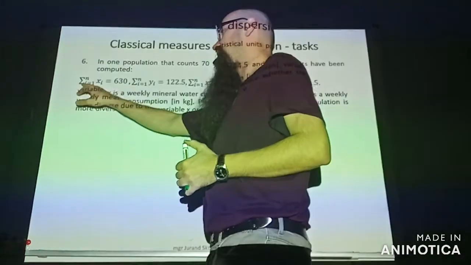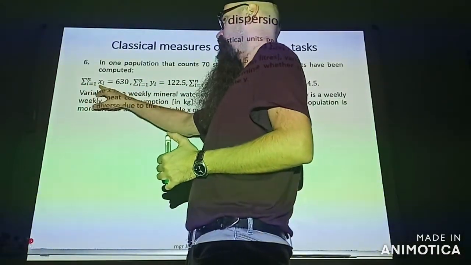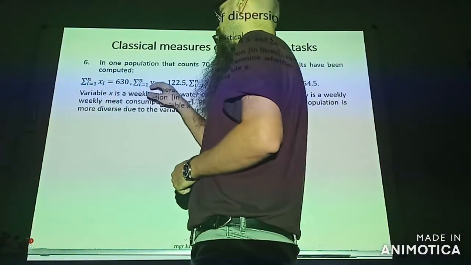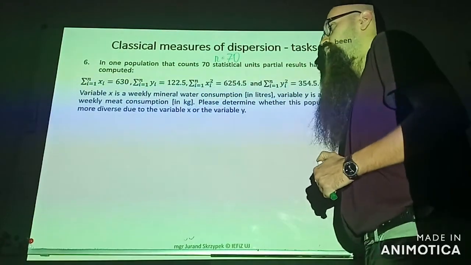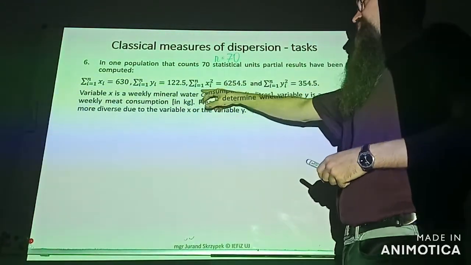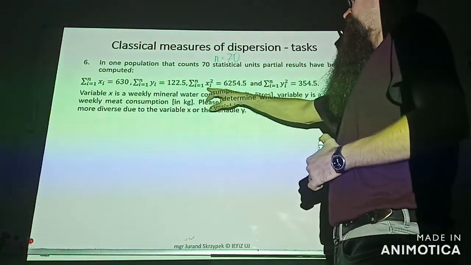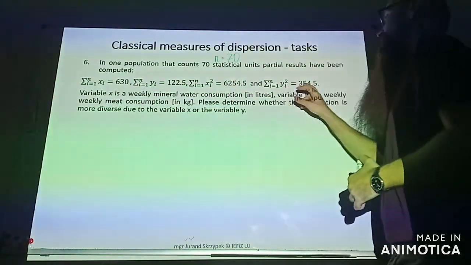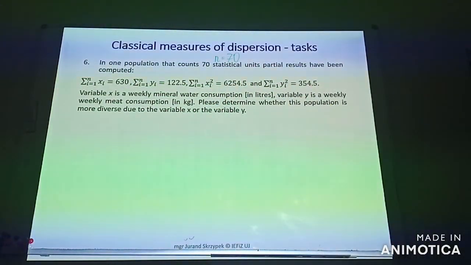Here we have the sum of the variable x values, the sum of the variable y values, the sum of squared variable x values, the sum of squared variable y values.